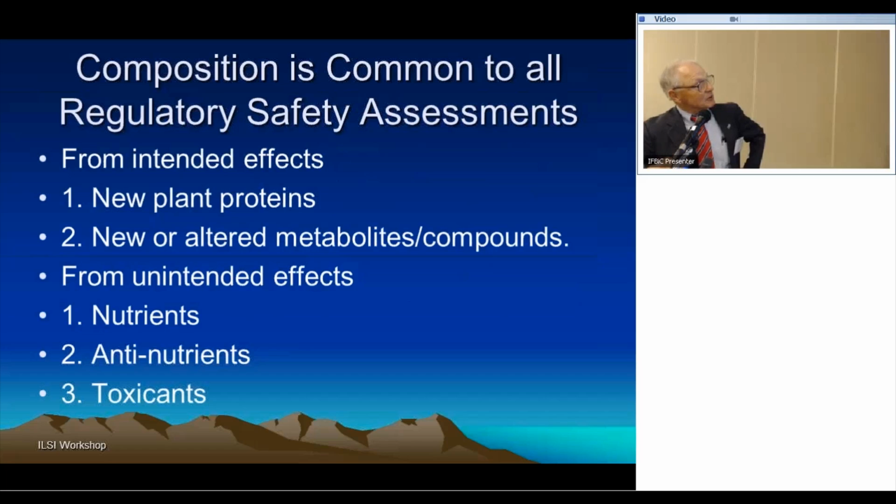Composition is common to all regulatory safety assessments. For intended effects, the new plant proteins or new or altered metabolites or compounds. For unintended effects, we have nutrients, anti-nutrients, and toxicants, and then the other, which I didn't have listed here.